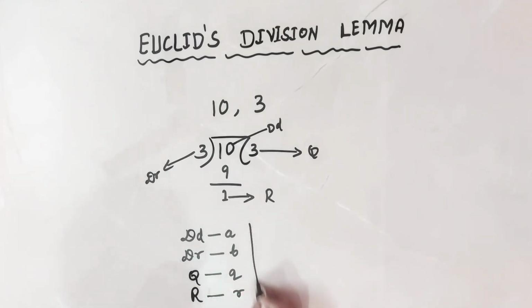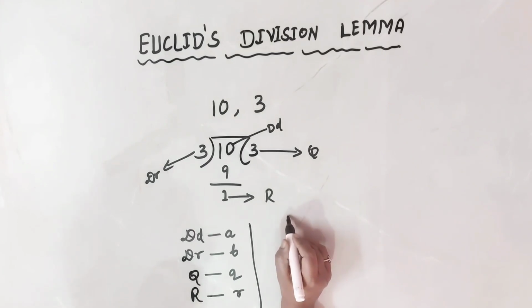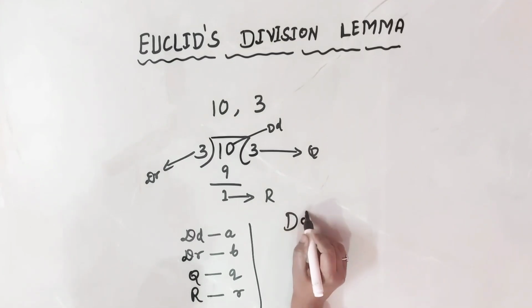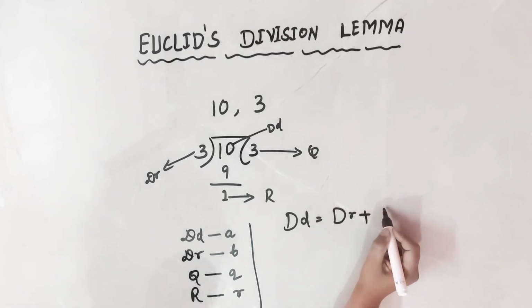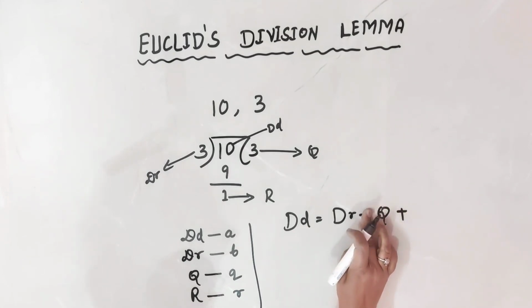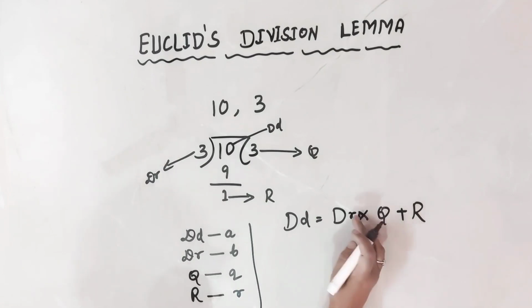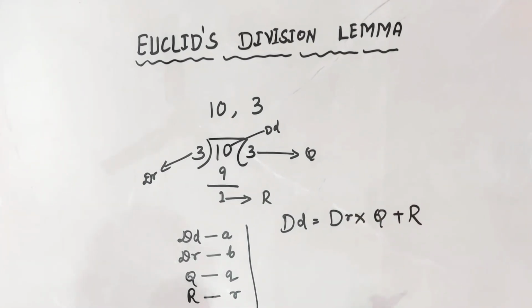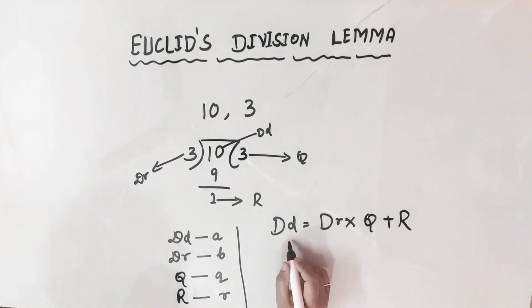See the same relation here. The relation we used to write for division in previous classes is dividend is equal to divisor into quotient plus remainder. We used to call it like this. The same relation we are using in Euclid's division lemma. What is the dividend?